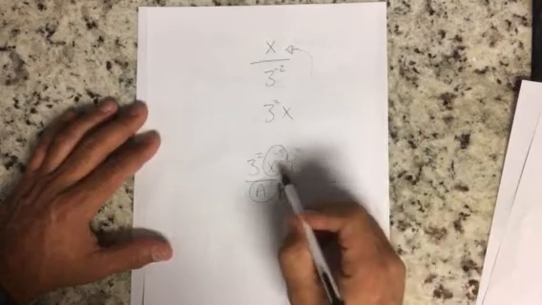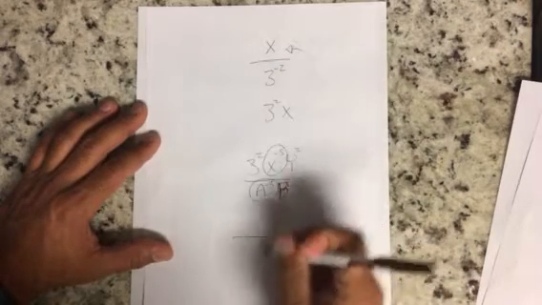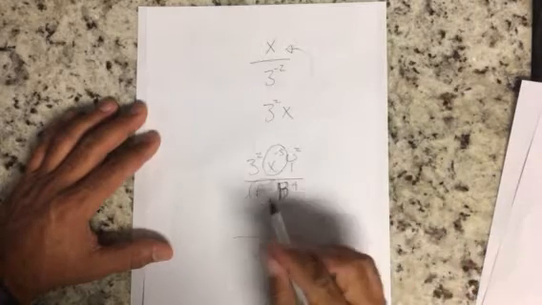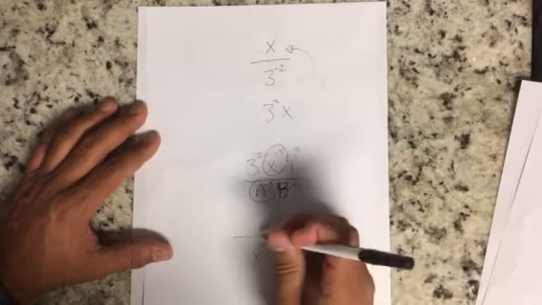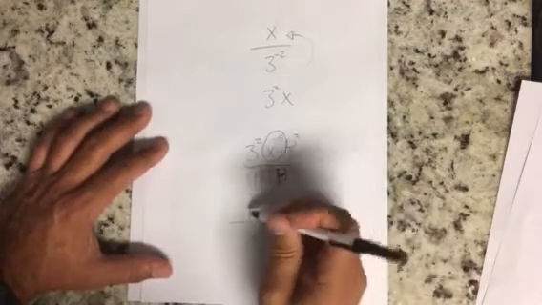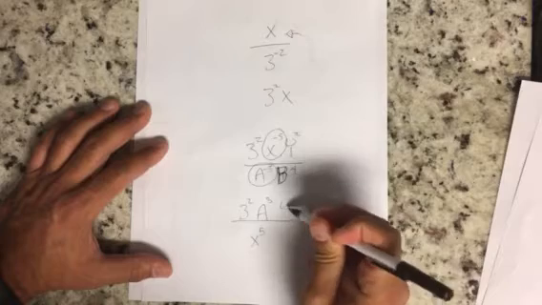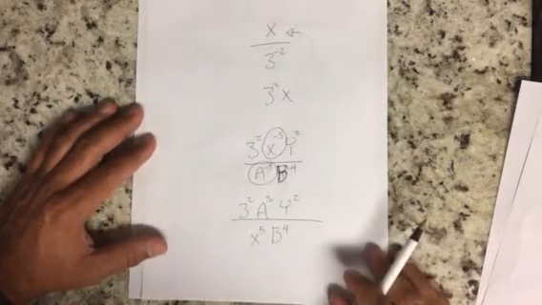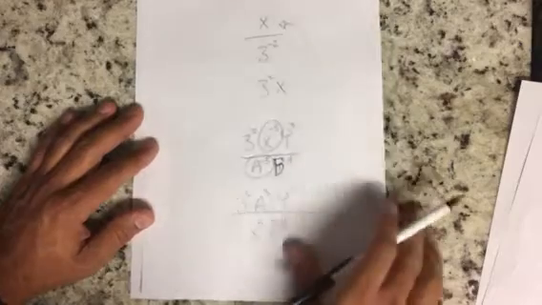The one with the negative exponent is going to move to the bottom and become a positive exponent. The one that's on the bottom with the negative exponent is going to go to the top and get a positive exponent. And nothing else moves. So that's how we're doing these with negative exponents.